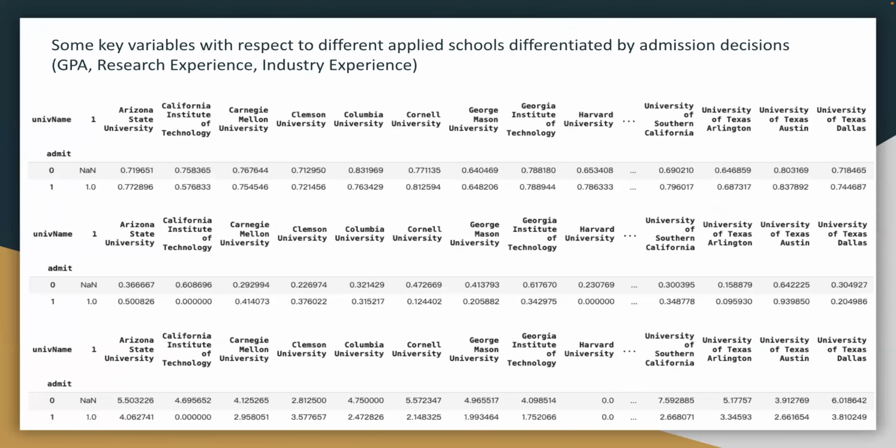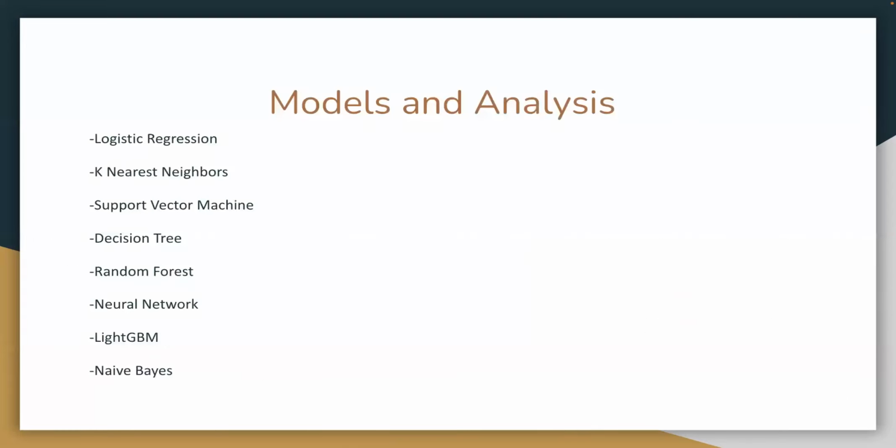However, as we look at the key attributes conditional on the admission decisions, we found that we cannot really tell the difference between the admitted applicants and the not admitted applicants, which indicated that there are other hidden and intangible measurements that have an effect in those decision processes.